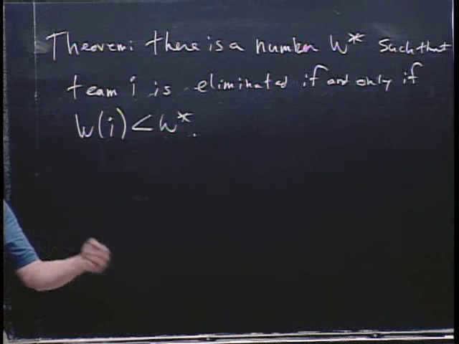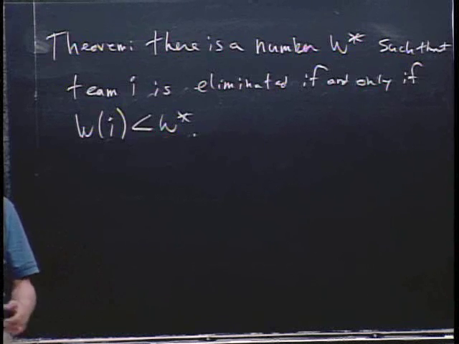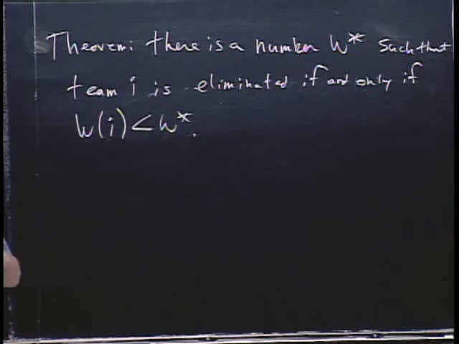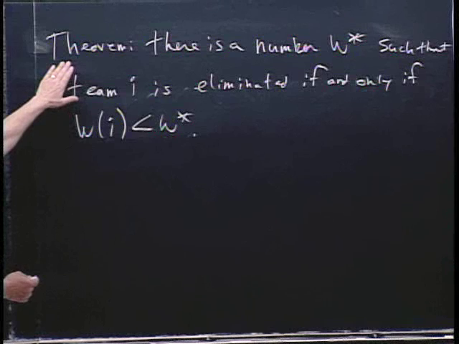You would ask whether that team was eliminated, and you could solve that problem by network flow. And then when you asked about a different team, you solved that by a different network flow, and so on. But it turns out that all of those questions can be addressed together through this theorem.